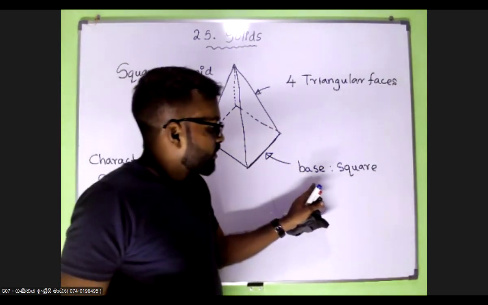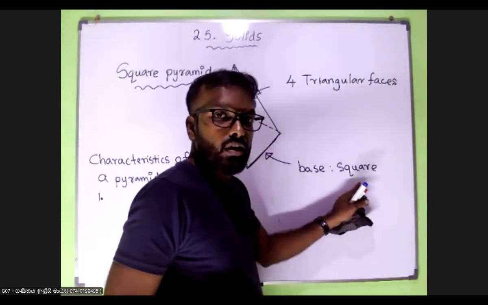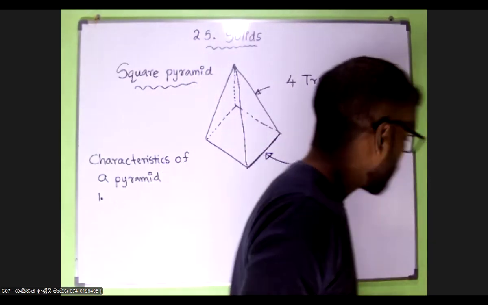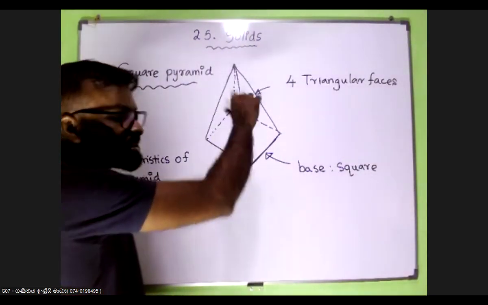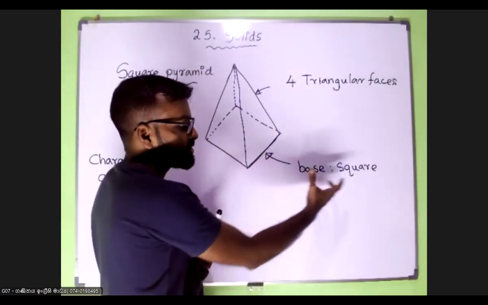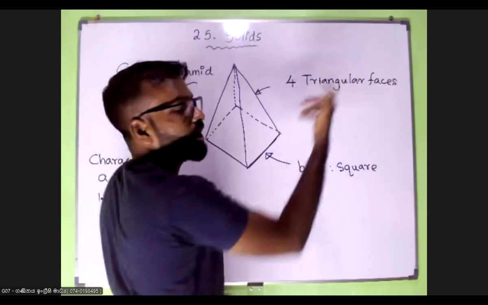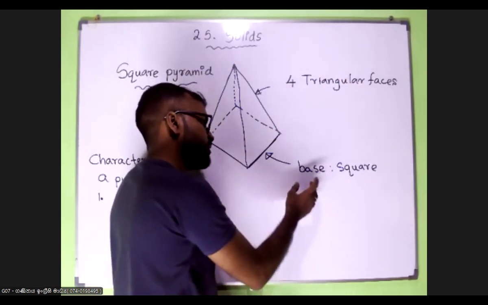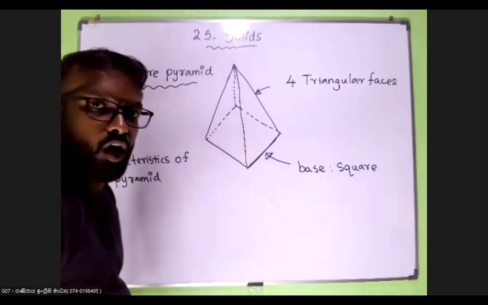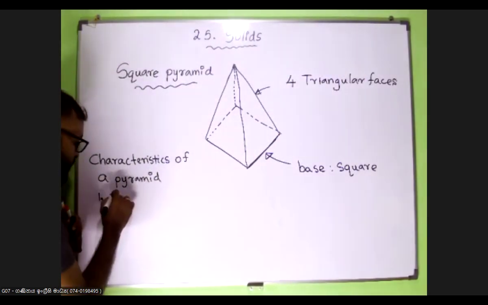The base is a square shape. How many faces are there first? The below face is a square and you have 4 triangular faces. How many faces are there? There are 5 faces.